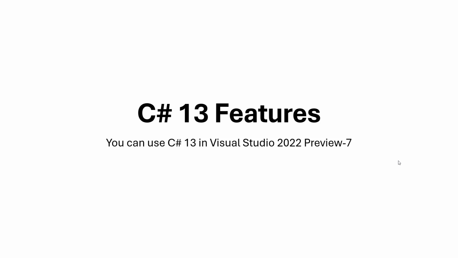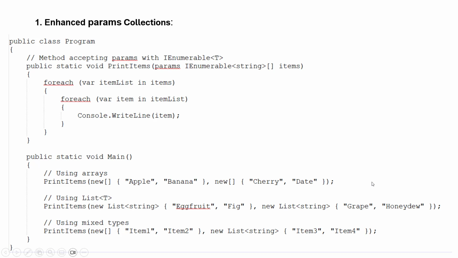The first feature of C# is enhanced params collections. You can see an example of enhanced params collections. I mean to say that enhanced params collections support collections beyond just arrays.